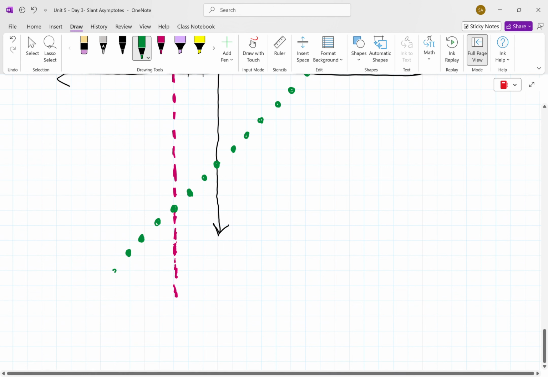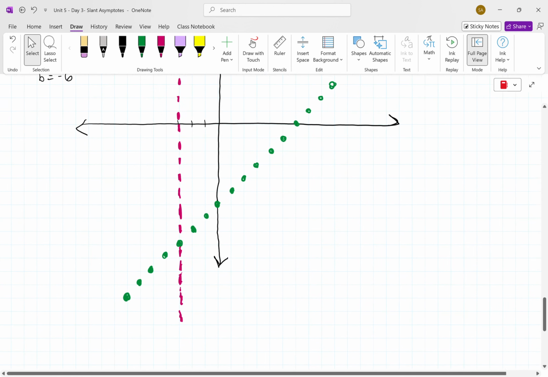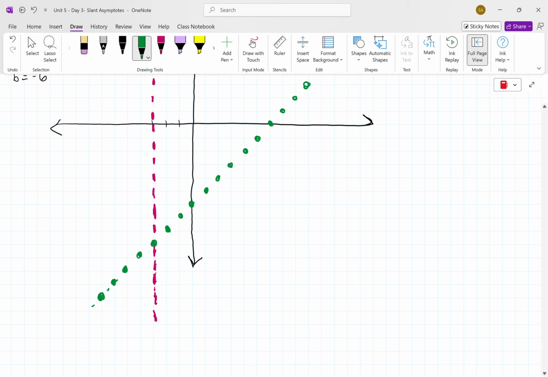And if we need to extend the graph, we extend the graph to make sure they cross. All right, so there I got it to cross. And I'm drawing my dashed line.